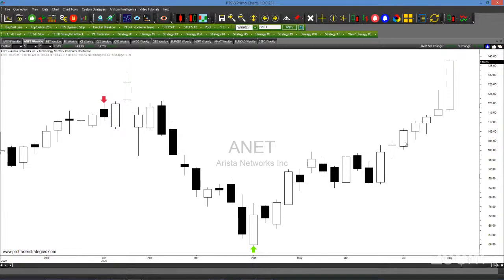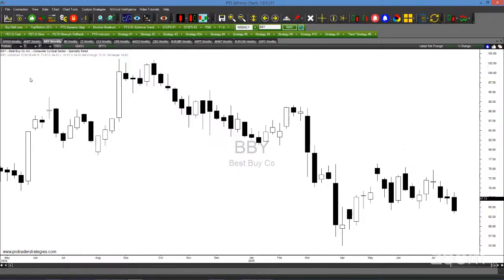Let's look at BBY, weekly chart, okay? This was going up nicely, and it's been kind of heading south ever since roughly about this time last year. Could the PTR have helped? Well, yeah. At or near that very top bar, it signaled a trend reversal to the downside. This is when the stock was trading at roughly 100 or par.